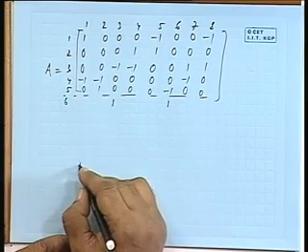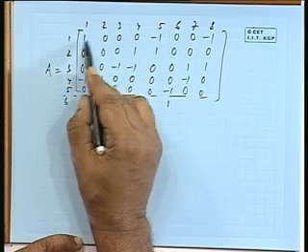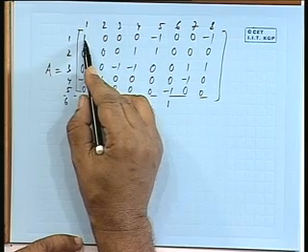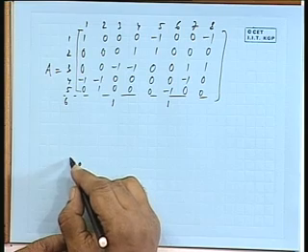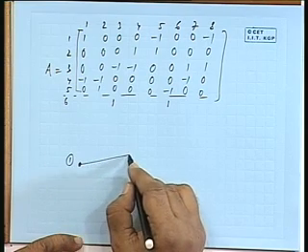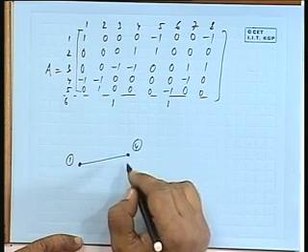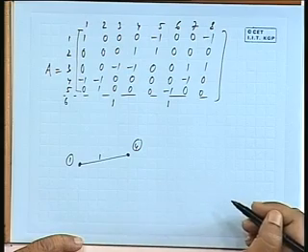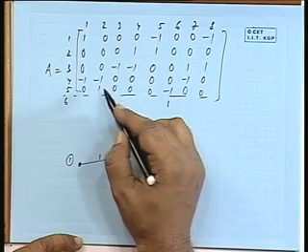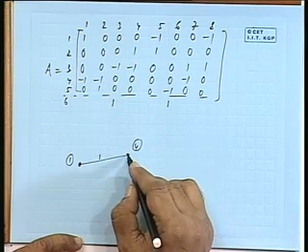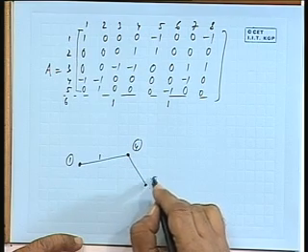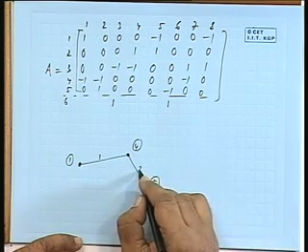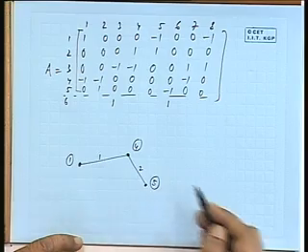So, node 1. Element 1 is between node 1 and node 4, 1 and 4, element 1. Element 2 is between 4 and 5, element 2. We will put the arrows later on.